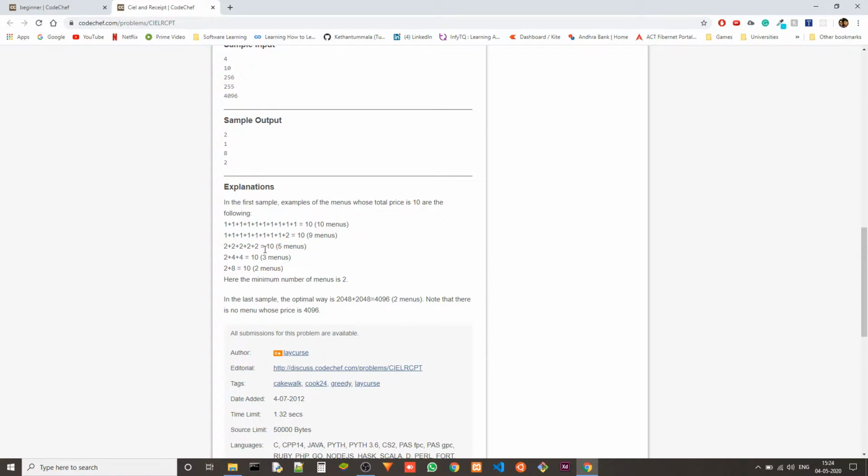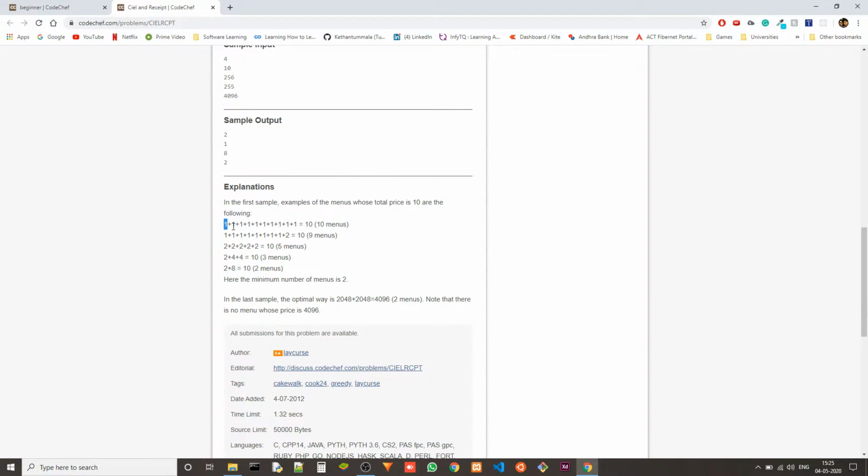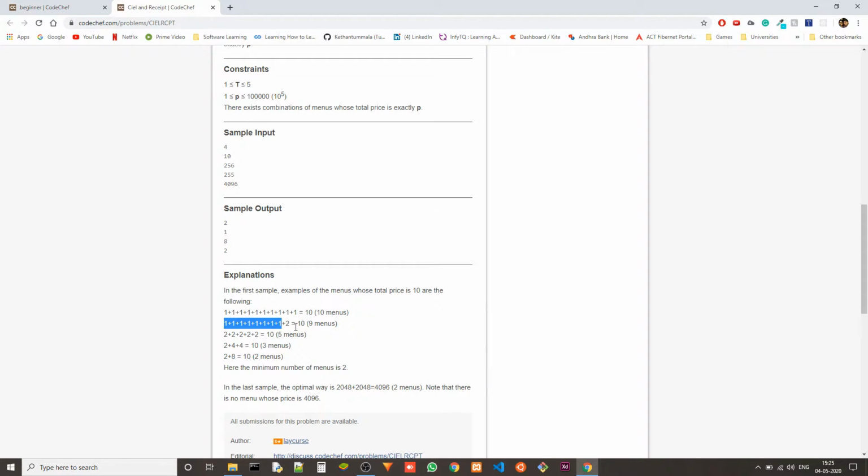How many ways can we take menus to hit price 10? Well, we can choose the first item in the menu, eel flavored water, which has a price of 1, ten times. That will bring the price to 10. That's one way. Or we could choose 8 of these least priced items, and then deep fried eel bones, which have a price of 2. That will also get it to 10. This is another way.